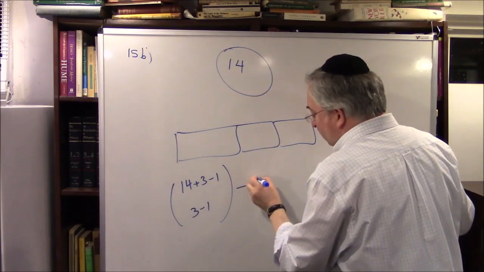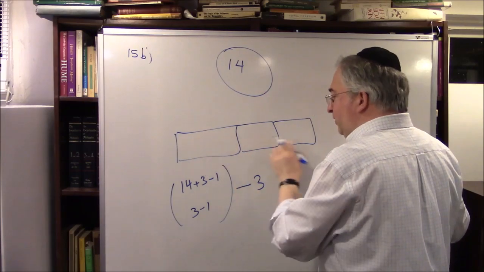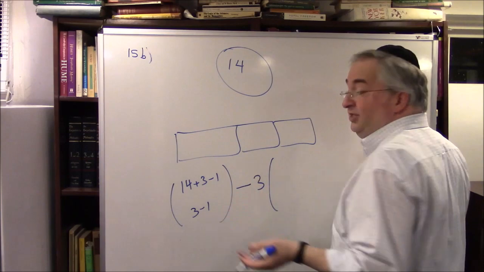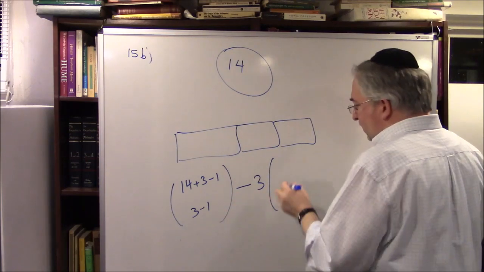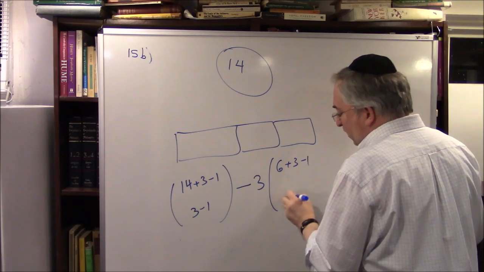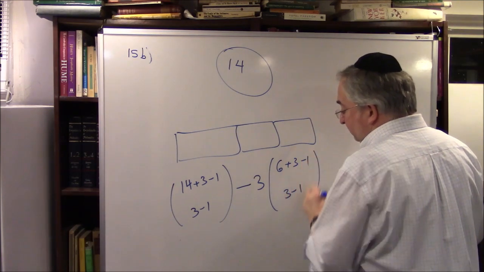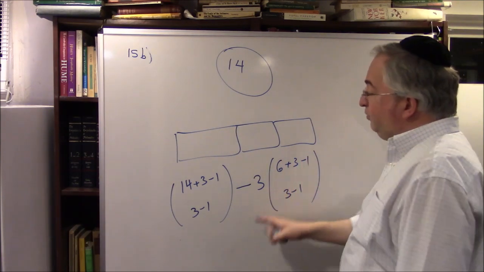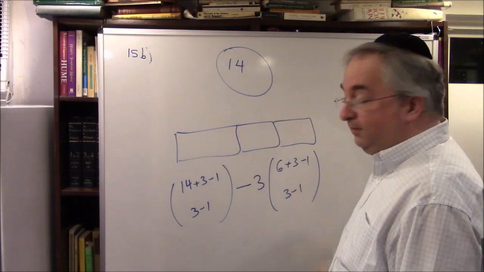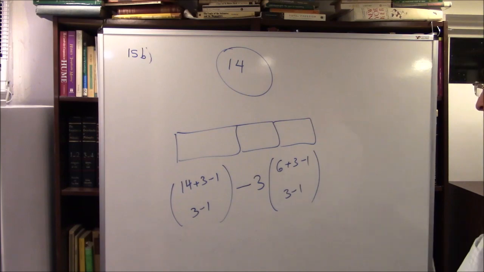Well, you could put 8 in here, etc. So basically, we just did that. So it's 6 plus 3 minus 1, choose 3 minus 1. And again, the 3 is because the 8 could be in here, here, or here. That's the final answer.